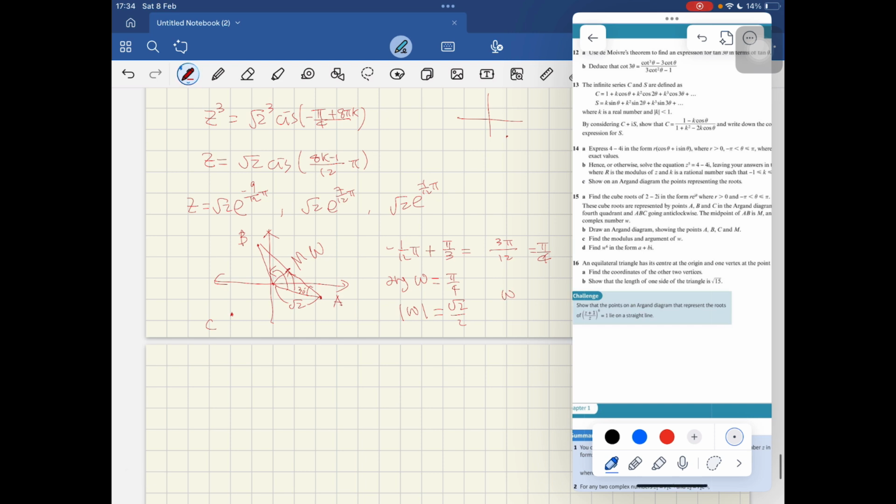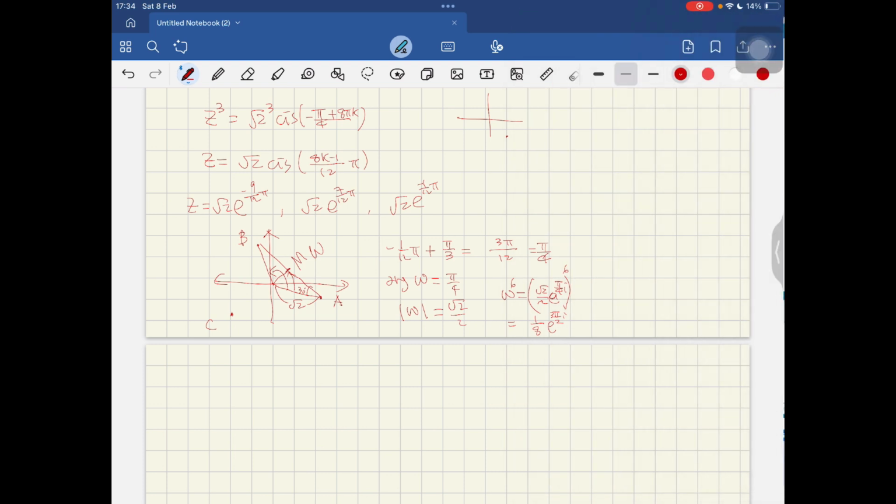So W is square root of 2 over 2 e to the power of pi over 4 i, and we will make it to the power of 6. So 2 over 8, the 2 to the power of 6 is... this is 1 over 8 e to the power of 3 pi i over 2.